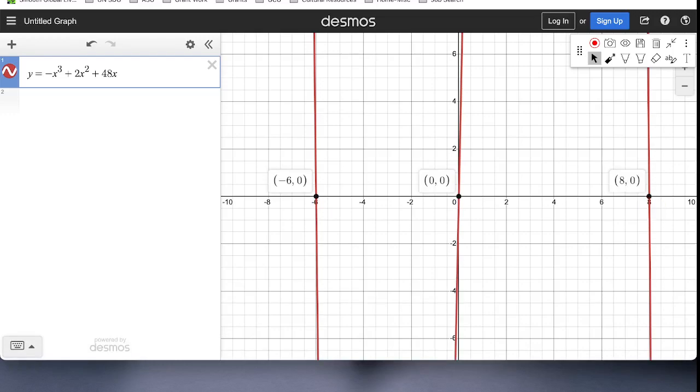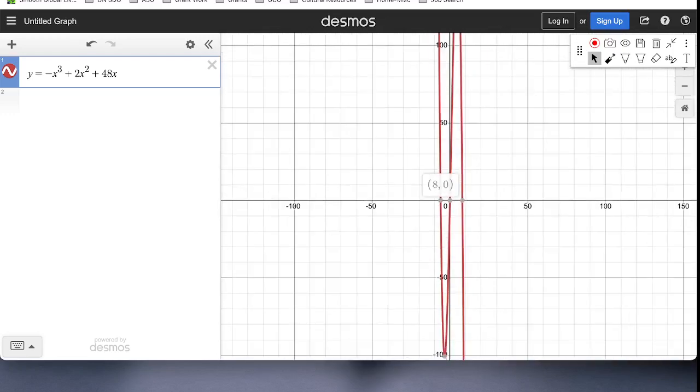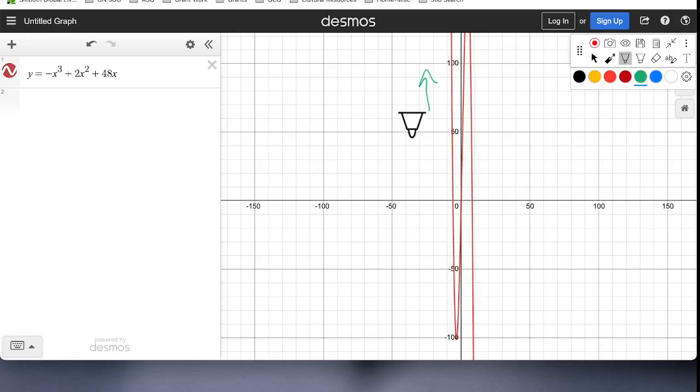Now the graph itself is so big, it's really stretched out, isn't it? Not much I can do, but yeah, it comes from here. So y is going to positive infinity when x is going towards negative infinity. So again, you get the opposites.